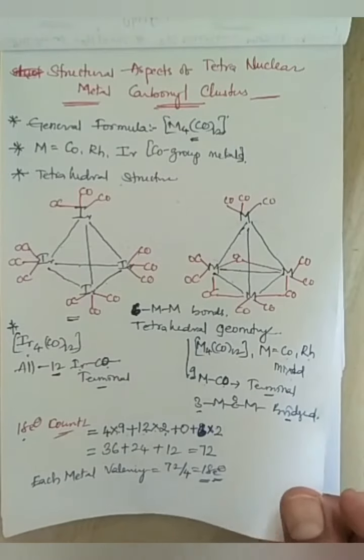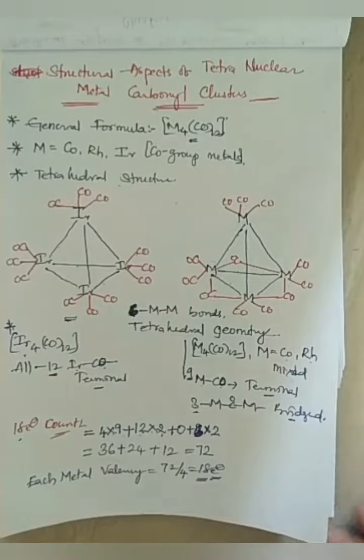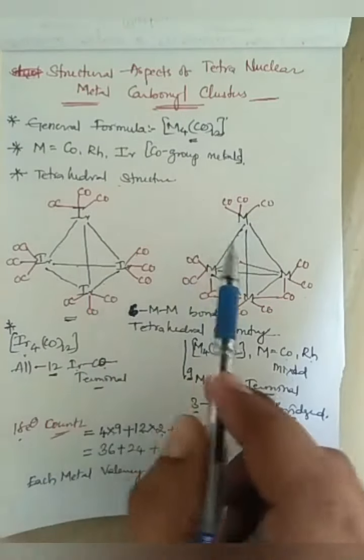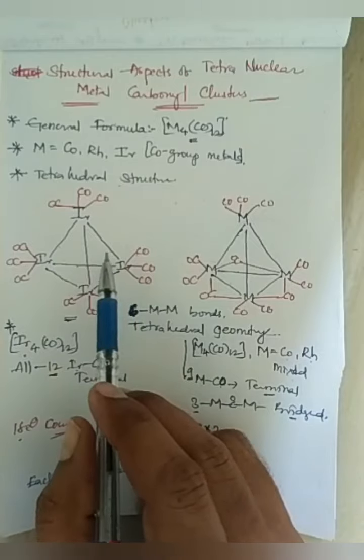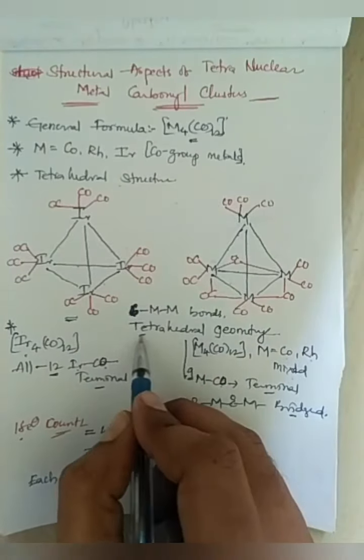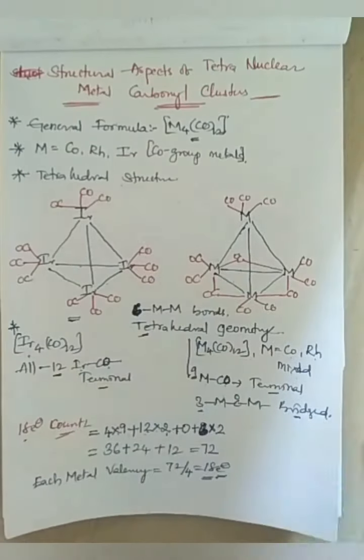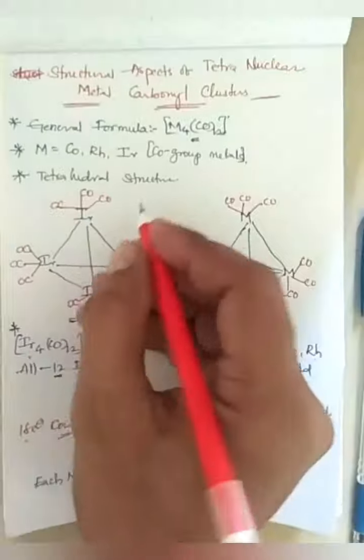Next, when we want to define the difference between these two structures: in the tetranuclear metal carbonyl cluster there are two types of structure, but the geometry is defined as tetrahedral for both. So to differentiate between these two, we have to define the symmetry.